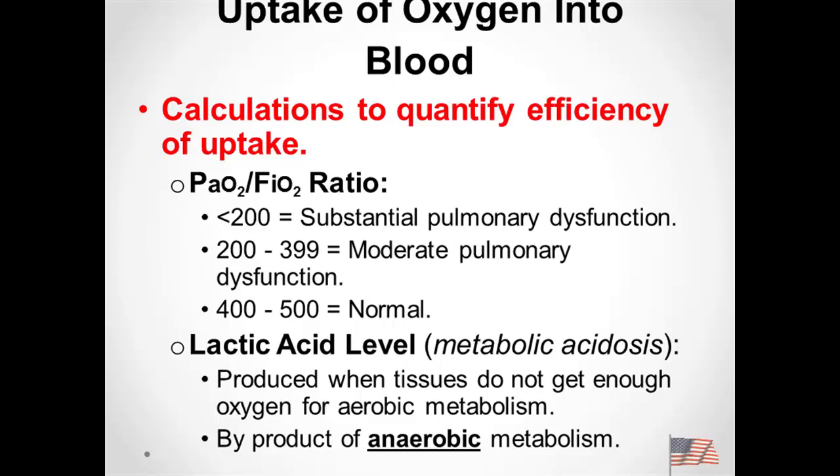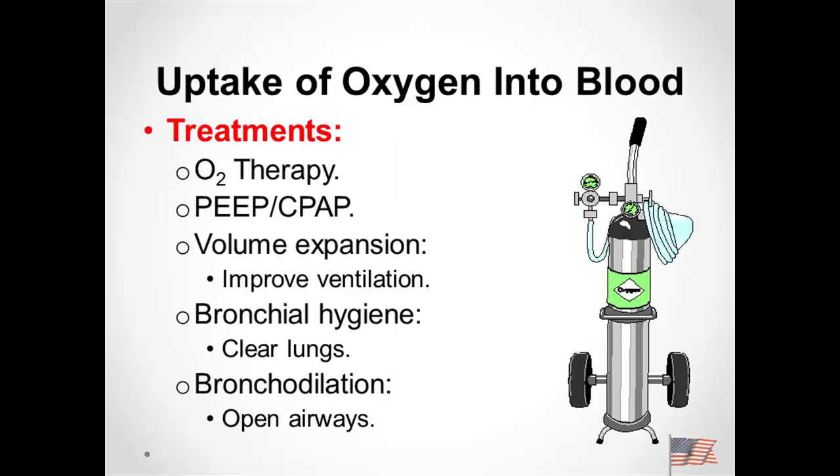I'm going to say a bad word: Krebs cycle, oxidative phosphorylation. If you don't have oxygen, you have to go through that alternate pathway and you end up creating lactate. So we can measure the lactic acid level to see to what degree we have problems with anaerobic metabolism.